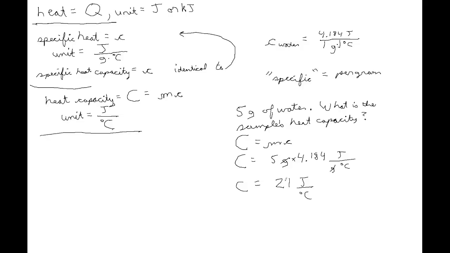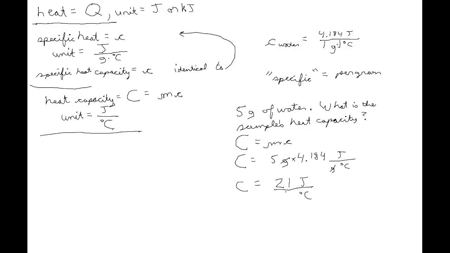Okay, so now what does this number 21 tell us? How would we interpret this number 21 in words? For liquid water, it'll take 21 joules to raise 5 grams of water 1 degree Celsius. So again, since you have compound units, you wanted to put a number on the bottom.